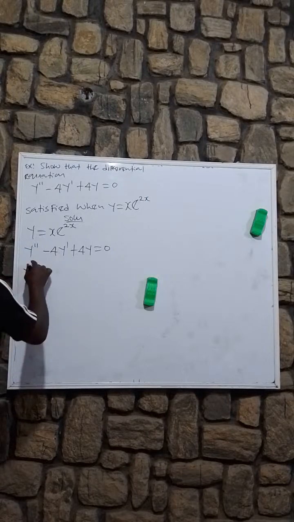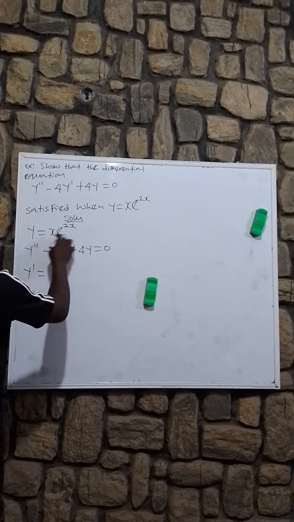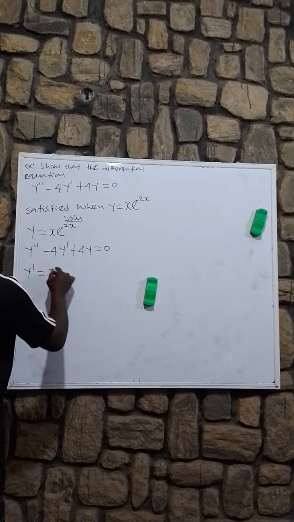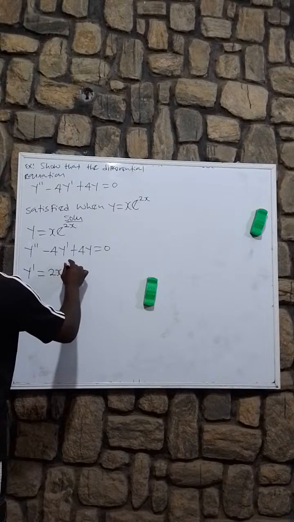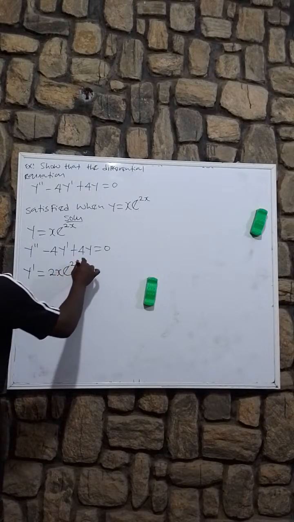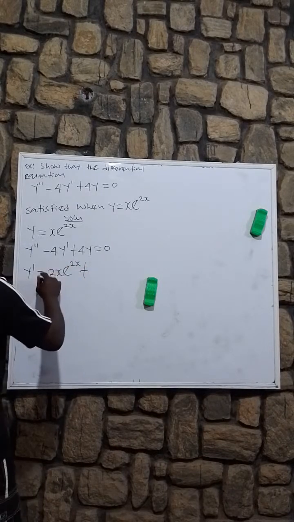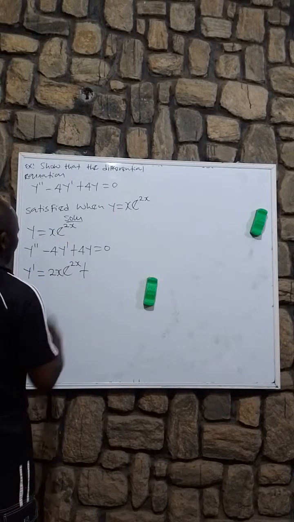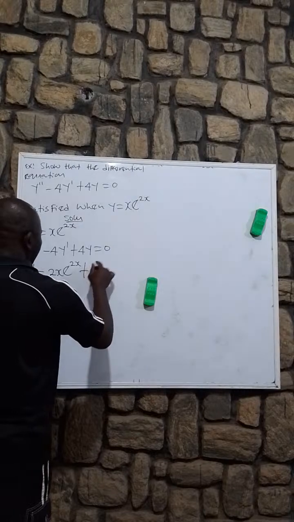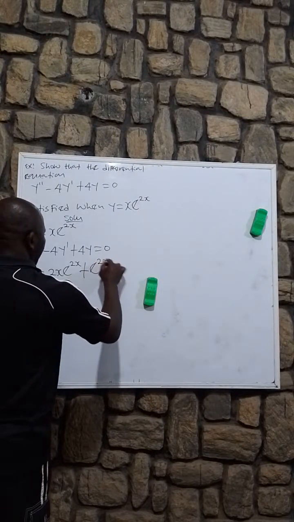So y prime is going to give us: hold this one, differentiate this, you have 2x exponential 2x, plus hold this, differentiate x, 1 times exponential 2x is exponential 2x.